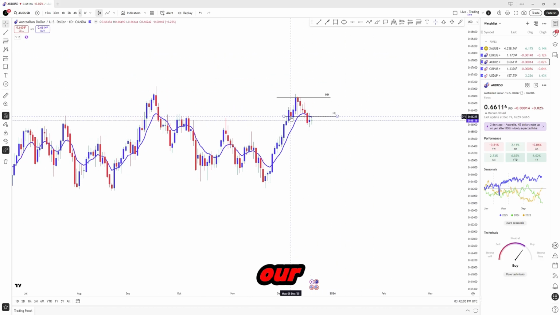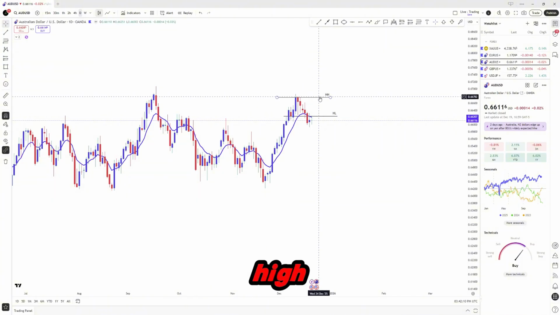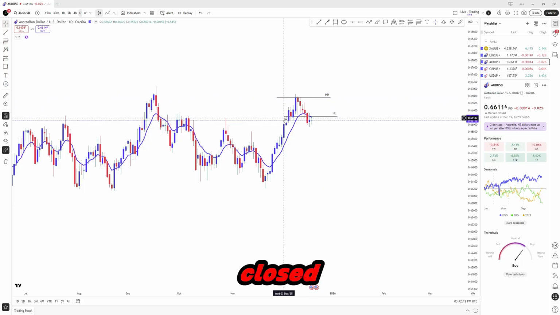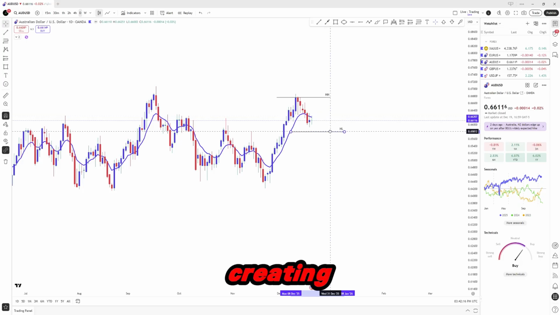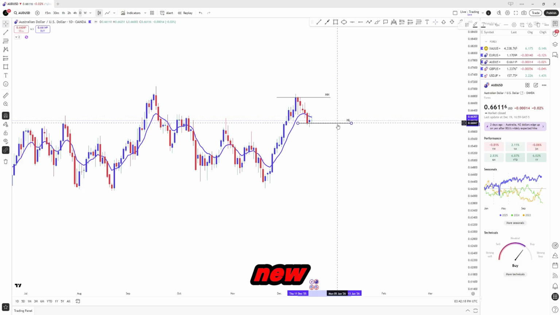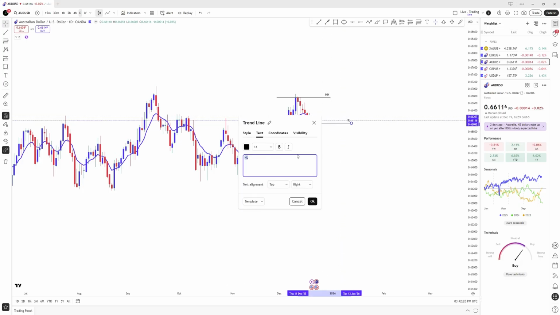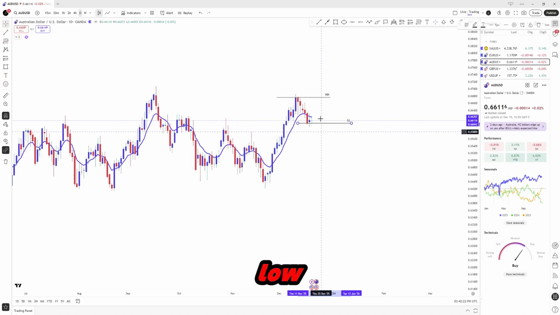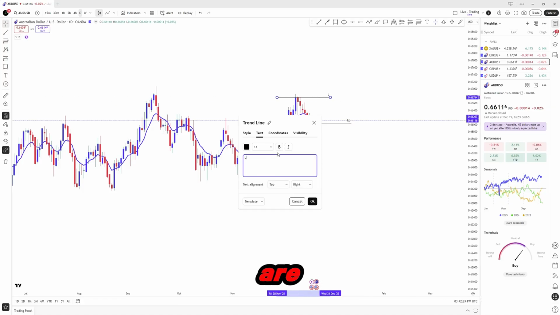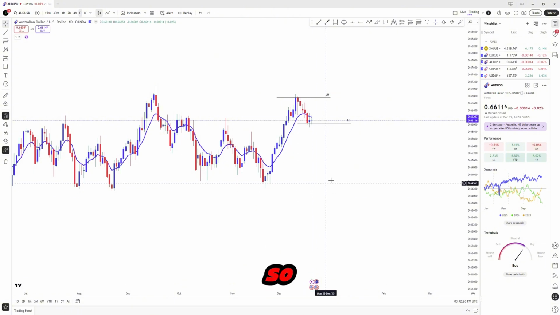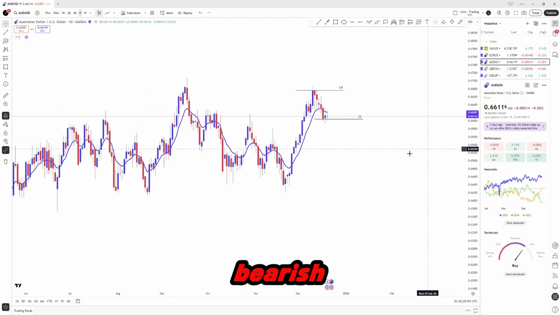This used to be our higher low, higher high. Market closed below our previous higher low, creating our new lower low, and this one our lower high. So our daily is bearish.